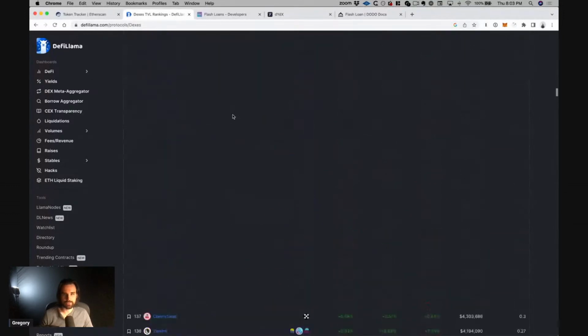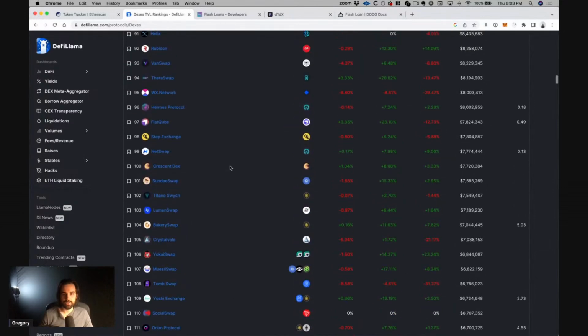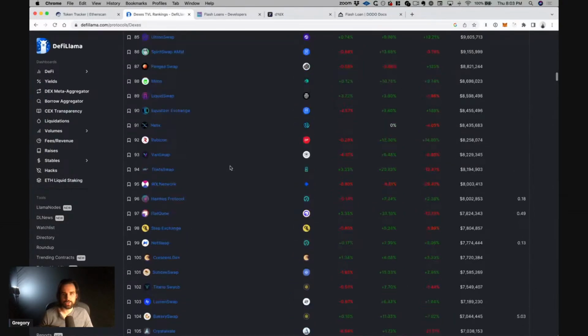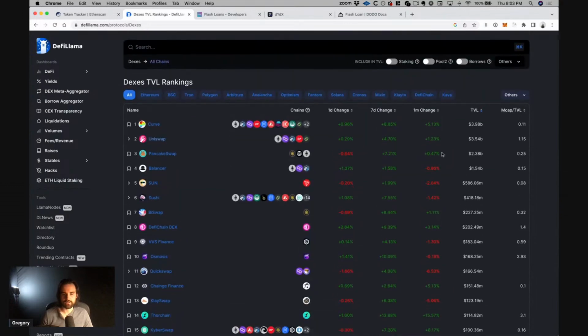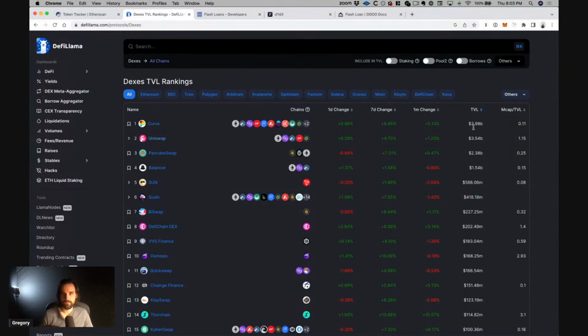The top 100 are pretty close to $10 million in TVL, and the top 10 all have close to $200 million in TVL. The top 4 have over $1 billion in TVL. So there are a lot of different decentralized exchanges out there, with a lot of money sitting in the liquidity pools.